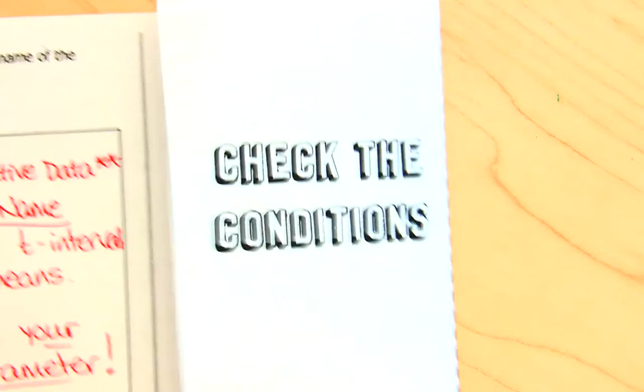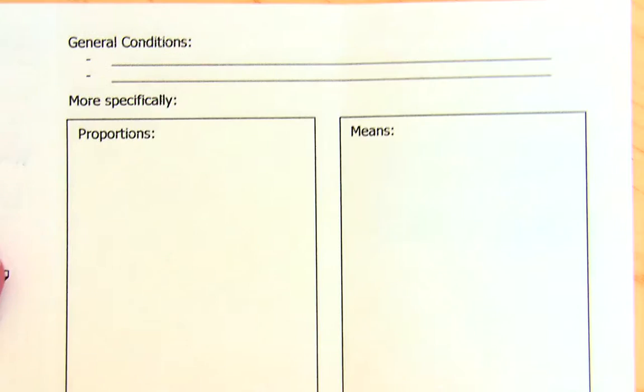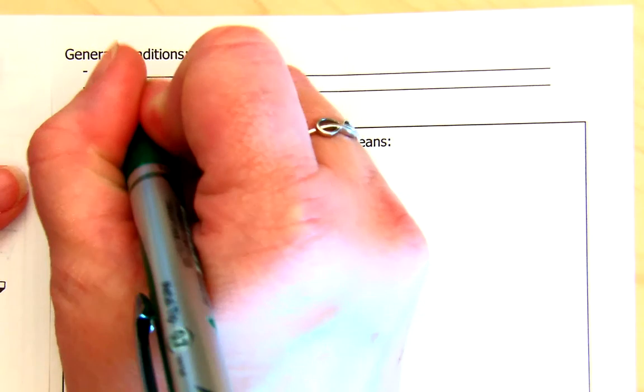Now let's look over at check the conditions. So our conditions are very much like what we did for hypothesis testing. And I'll tell you, there's only one slight difference. Everything else is the same. So our general conditions, we want good quality data.